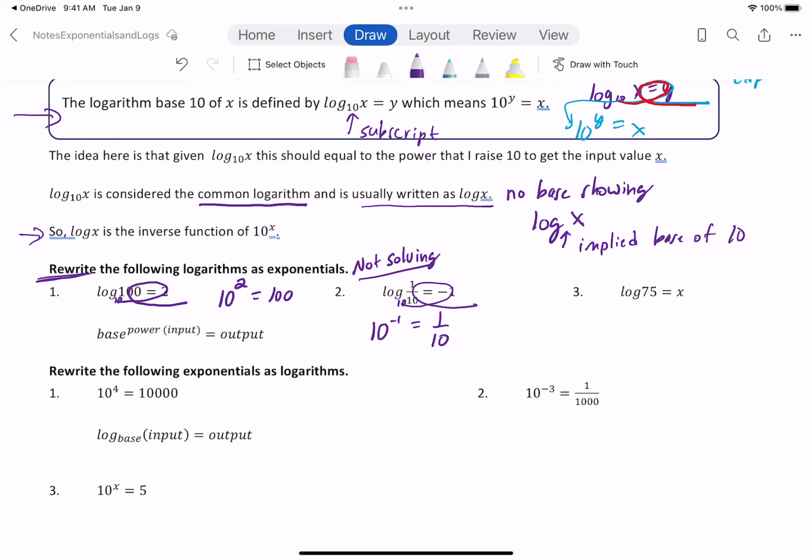Remember, a negative exponent makes us take the reciprocal. Okay? And then this last one also has a base of 10. So we know we have base 10 raised to the power of x is equal to 75. And again, that's all we're doing here. We're just rewriting them. We're not trying to solve or get any kind of answer. Okay?